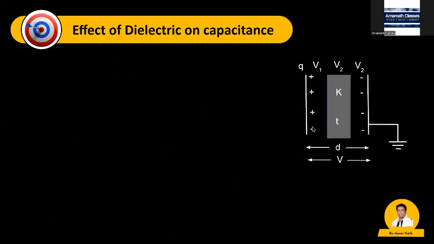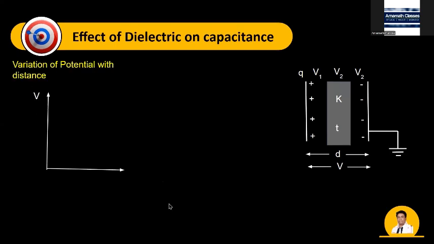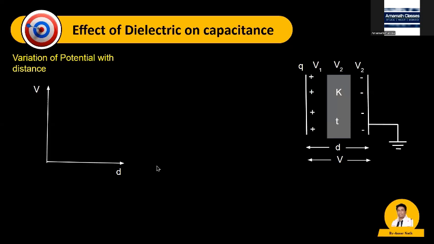Left plate has a potential V. The right plate has a potential 0, because it is grounded. Let me draw, okay. Say vertical axis is potential V, and horizontal is distance from the left plate.